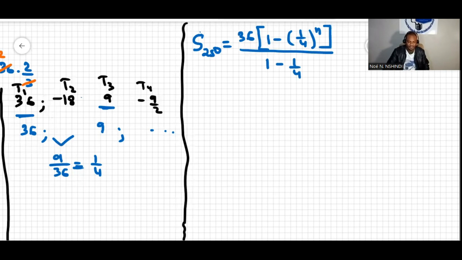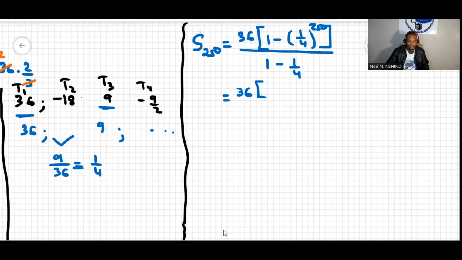So this would be equal to 36, open square brackets. n is no longer n, but now 250, because we're doing the sum of 250 elements.